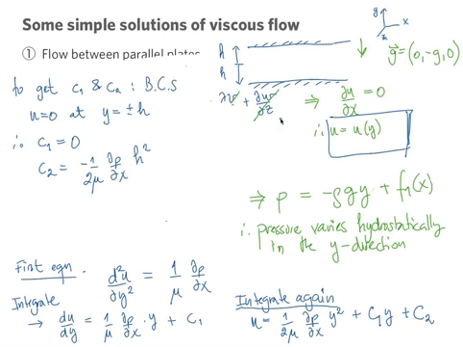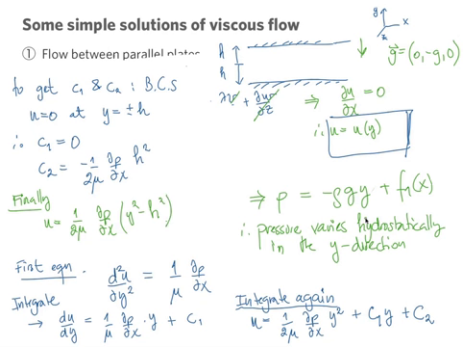So we have C1 and C2, so we can write finally the answer for the velocity immediately, which is u equals 1 over 2 mu dp dx times y squared minus h squared.